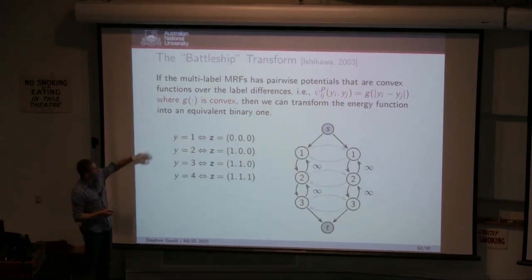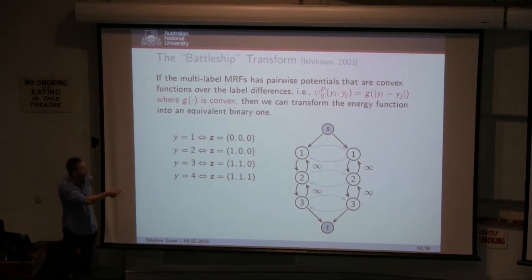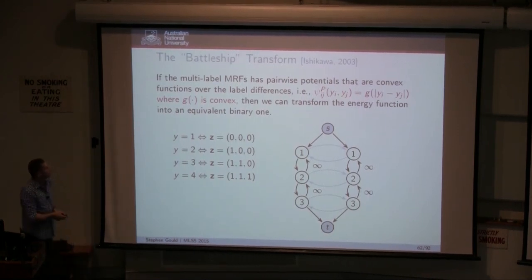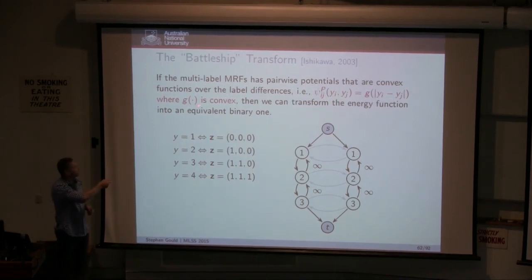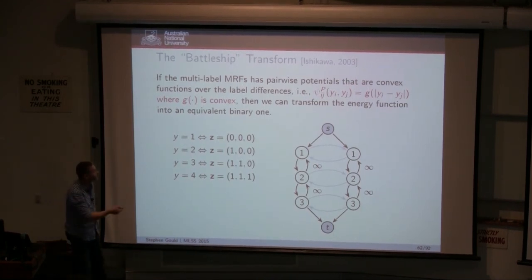So I'll give an example of the first case where we have a multi-label problem, but we have a property of the pairwise term where the pairwise term is defined as this convex function over the difference between the labels of the two variables, okay?